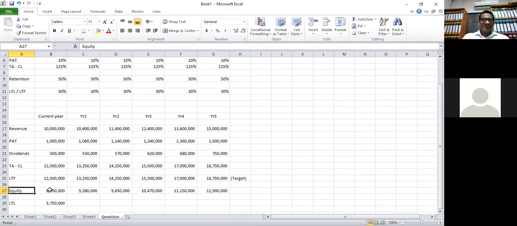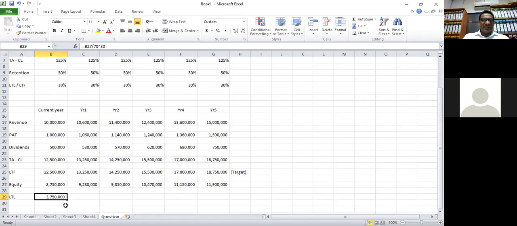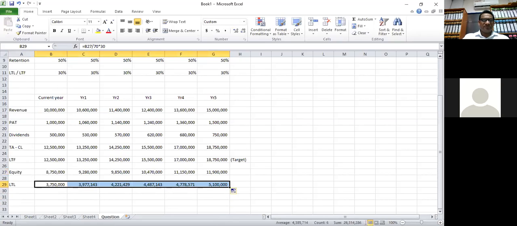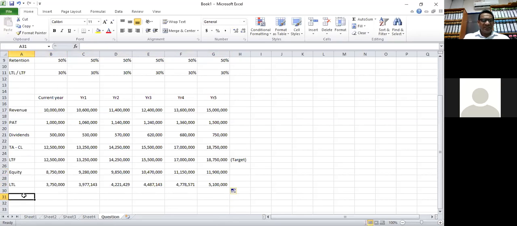If equity is 70%, long-term liabilities are 30%. So I can continue. Now I can calculate equity plus long-term liabilities.